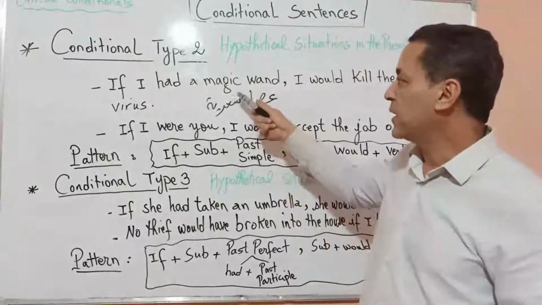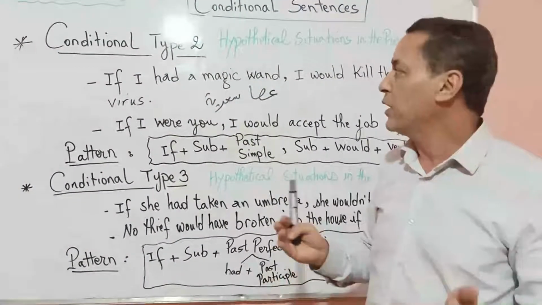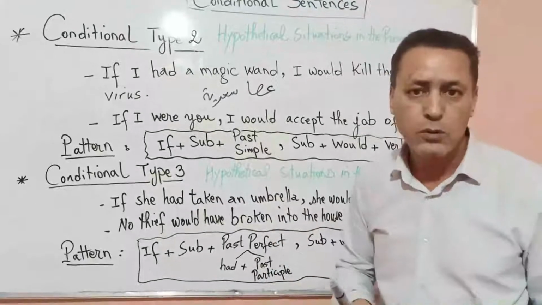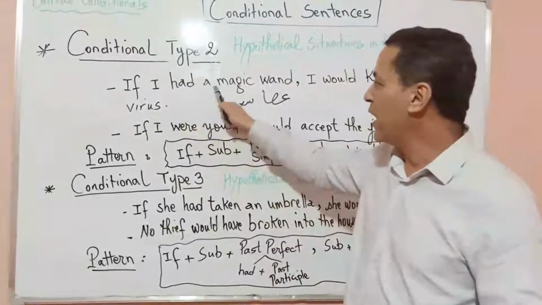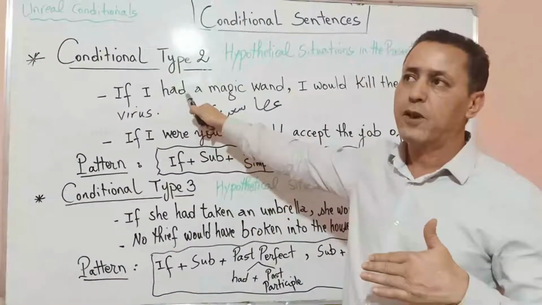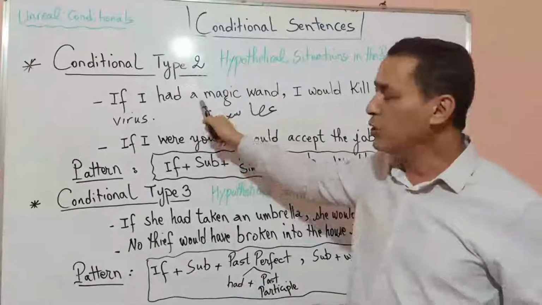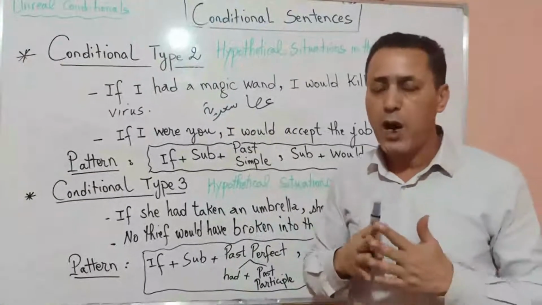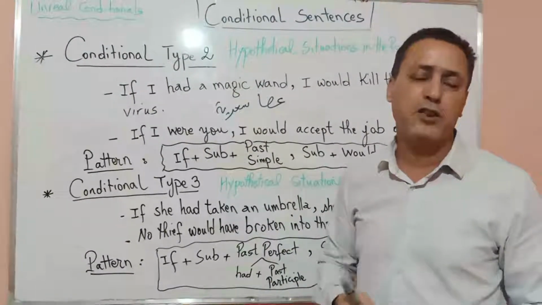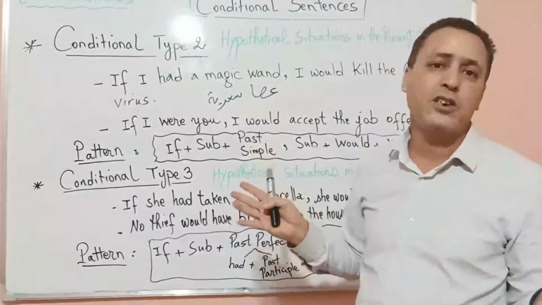So it's like a kind of wish I have, if only I had that magic wand. So "if I had a magic wand" refers to a kind of hypothesis, a hypothetical situation. It's not real. I know I don't have a magic wand, so I'm just imagining if I had it, okay?